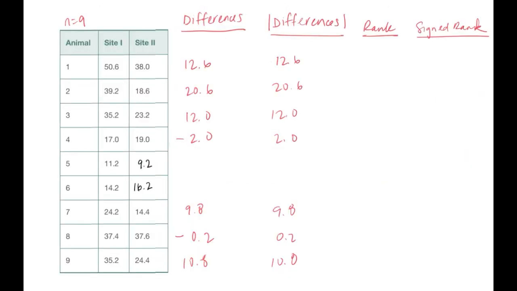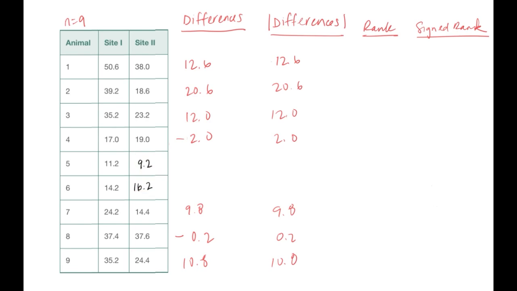Now, just as a little extra addendum, I wanted to mention what you do in a situation where you have ties in the differences, because a few people have asked me about this. What I've done is change a couple of the values here so that we actually end up with some ties when we do the differences.